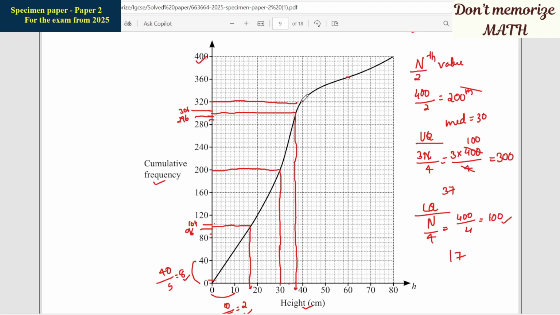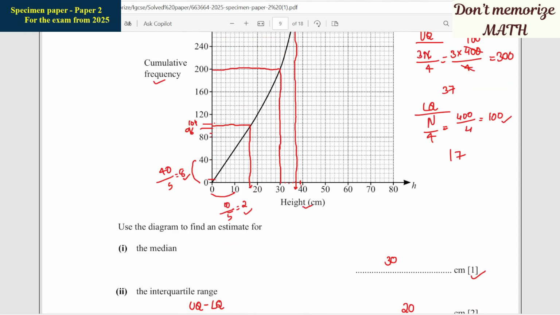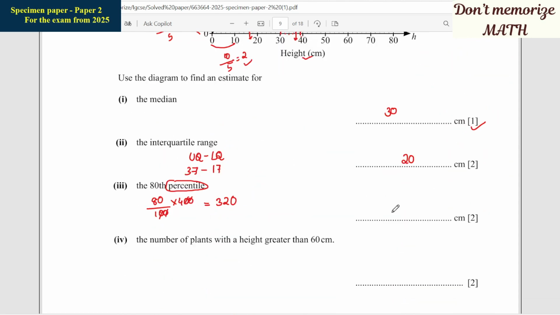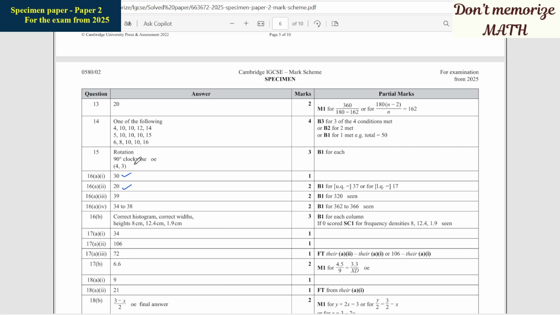It is just before the dotted line. You can see it properly. So you will get the point almost just before 40. Just before 40. So you can write 39. So the 80th percentile is 39. Okay, so the answer is correct.